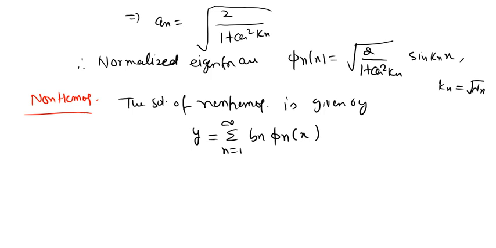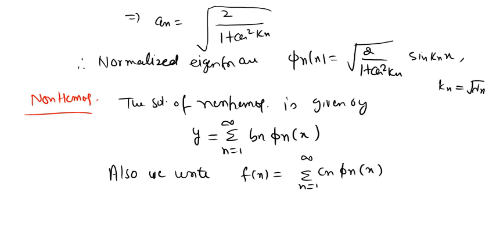Also we write the right-hand side, f x by r x. Here r x is 1, so f x will be a linear combination of c n and phi n x.